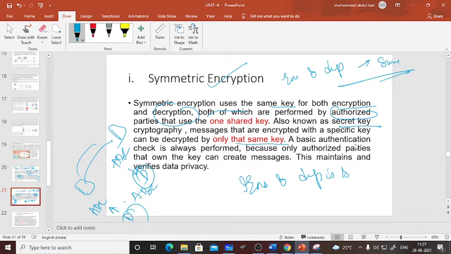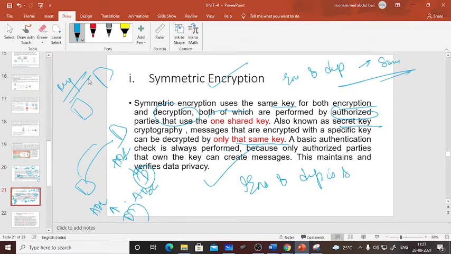A basic authentication check is always performed, because only authorized parties that own the key can create the message. This maintains data privacy. The only difference in symmetric encryption is that the key is the same for encryption and decryption.